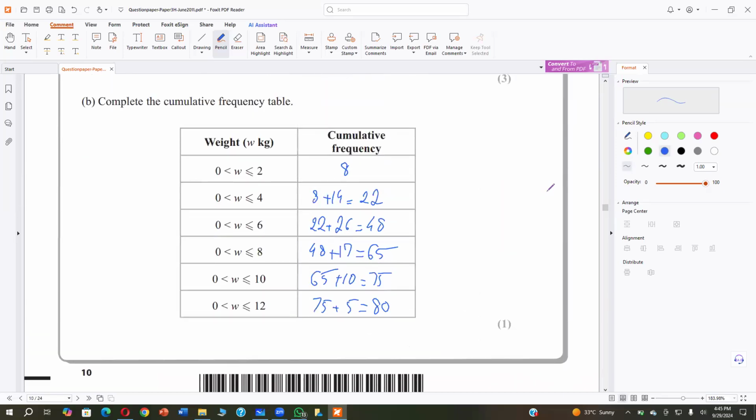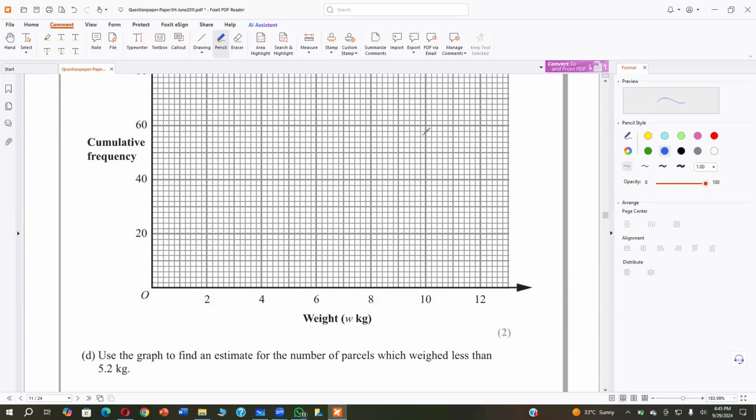So the first point will be 2, 8. So plot with me 2, 8.